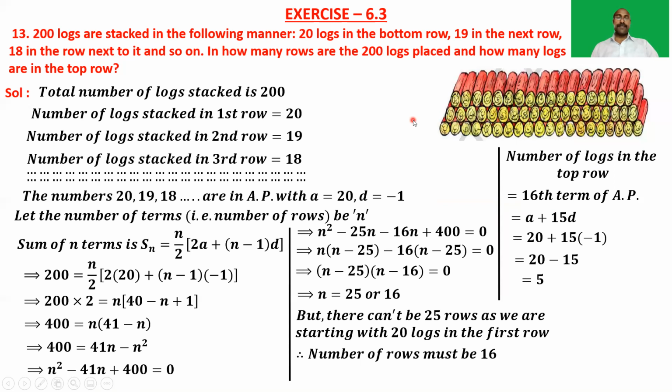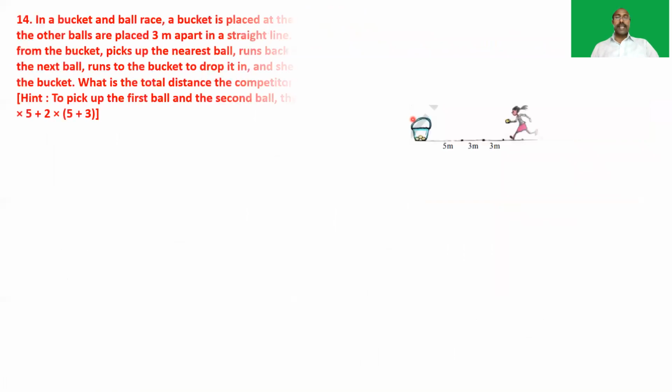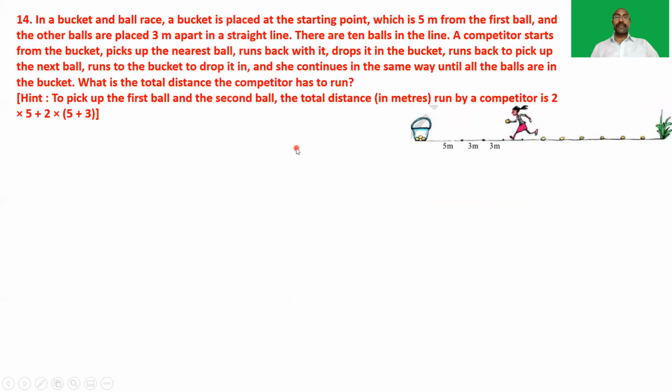That's the answer. Okay, so take the last question in this exercise. In a bucket and ball race, a bucket is placed at the starting point, which is 5 meters from the first ball, and the other balls are placed 3 meters apart in a straight line, like this. There are 10 balls in the line.